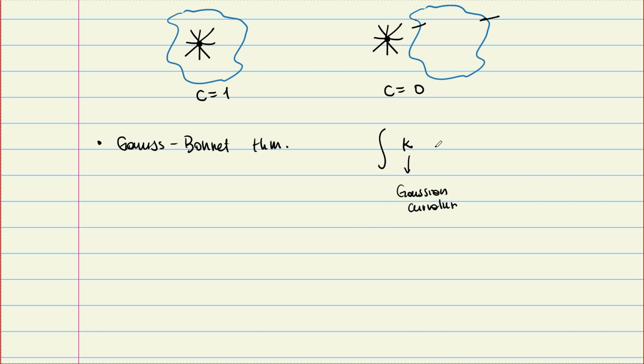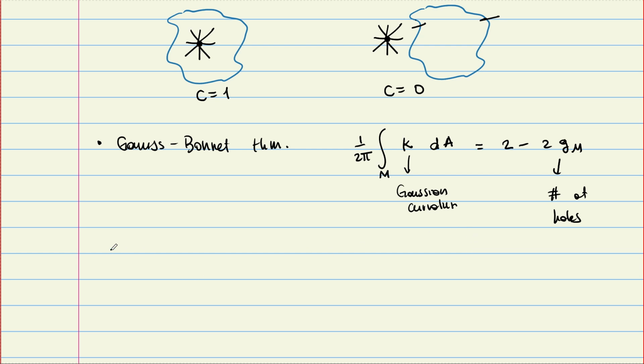And if you integrate this Gaussian curvature over some area in some surface M, and divide it by 2 pi, the Gauss-Bonnet theorem says this is equal to 2 pi minus 2 gM, and this gM is the genus of this surface M, or what is called the number of holes.